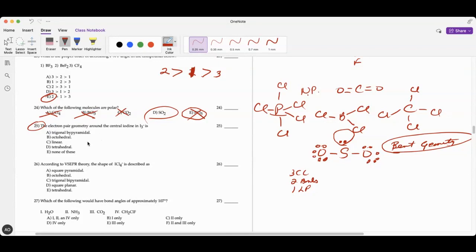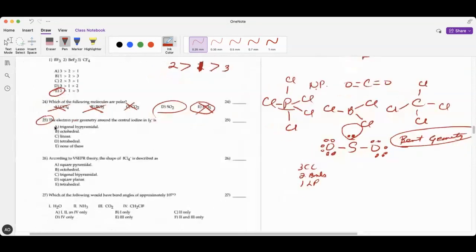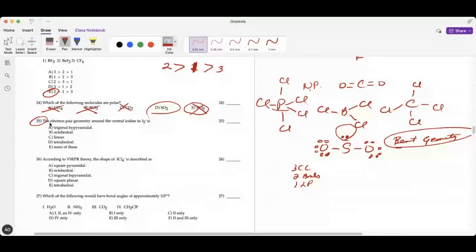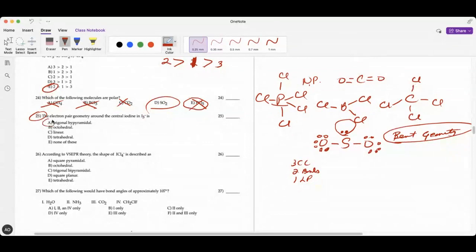Okay, anybody figure out number 25? A. Yeah, I think that's right. So what we have is 3 iodines, and we'll put a negative sign here.